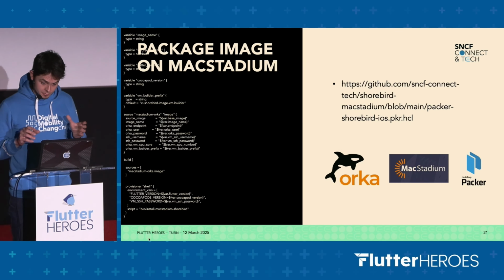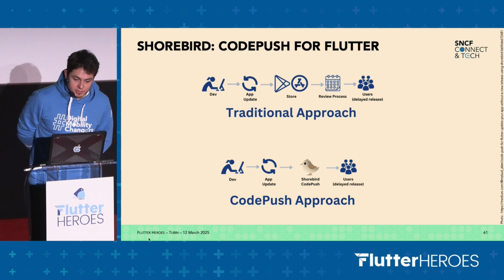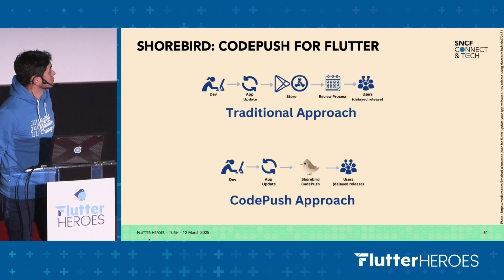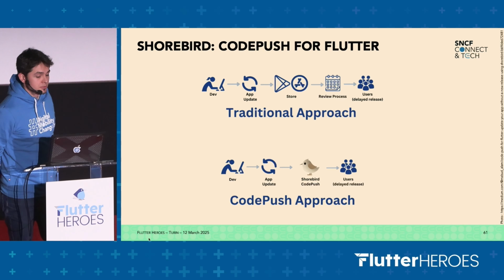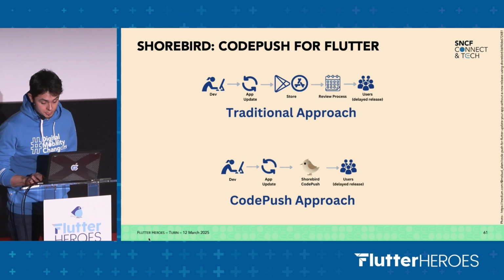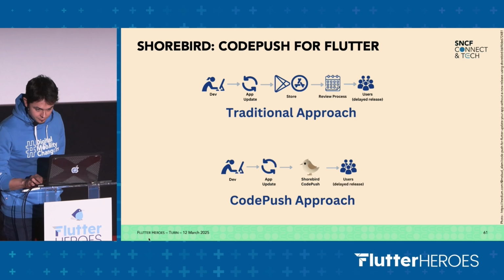So why Shorebird? Code push is still, I checked yesterday, the number one issue on the Flutter repository in terms of likes. Code push is a different way to push code, to push patches to production, not using the store, but directly pushing code to your client application.